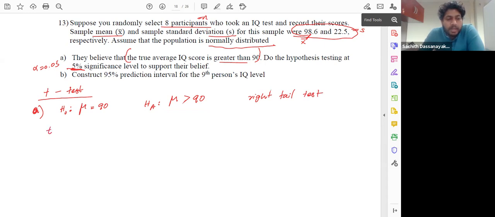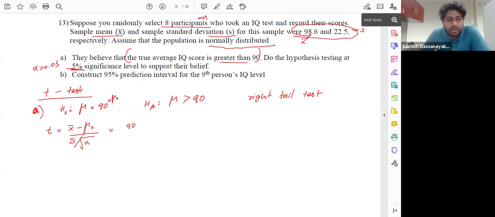This is a t-test statistic because this is based on t distribution. You know why? The reason is the sample size is 8, which is small. So the equation is x bar minus mu naught. Mu naught is this value. We always assume H naught is true once we are solving this, over s over square root of n.